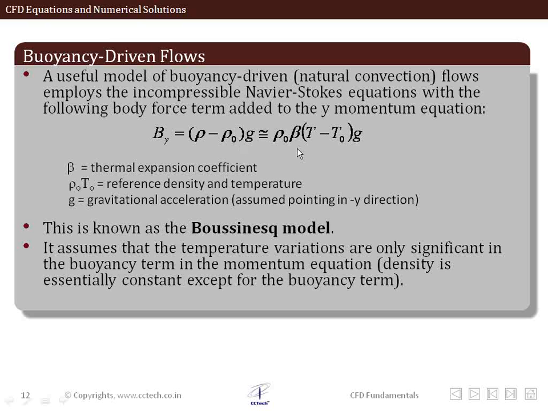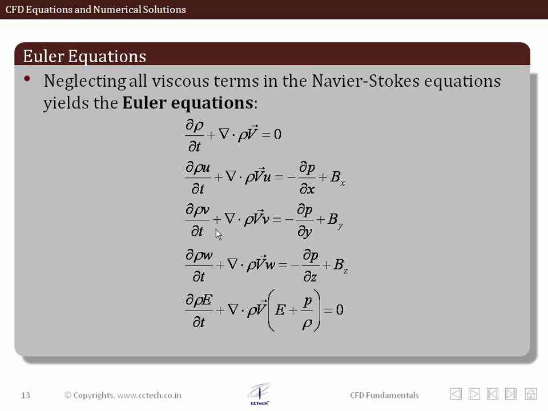That's the Boussinesq approximation. And this is quite helpful in simplifying your overall problem setup. It's very helpful especially in buoyancy driven flows or natural convection flows. It's just an example of what these body force terms might look like in some cases.